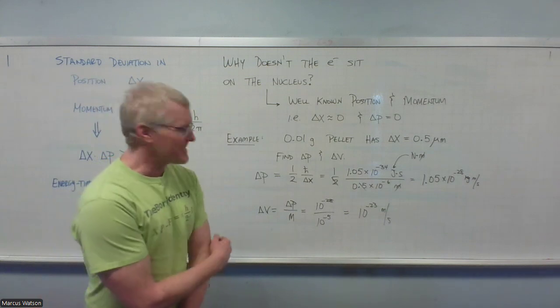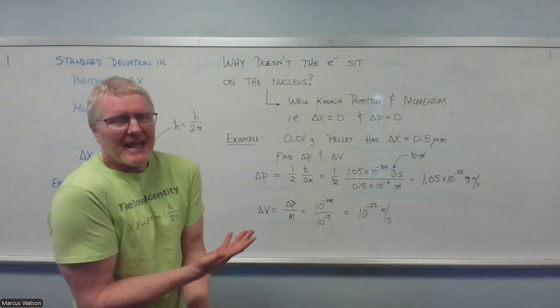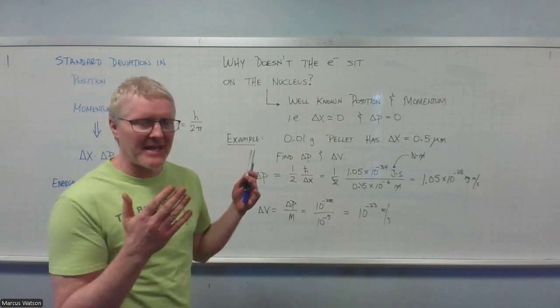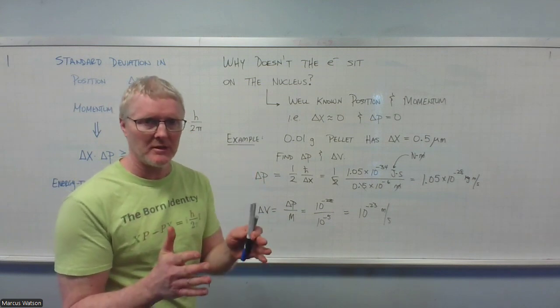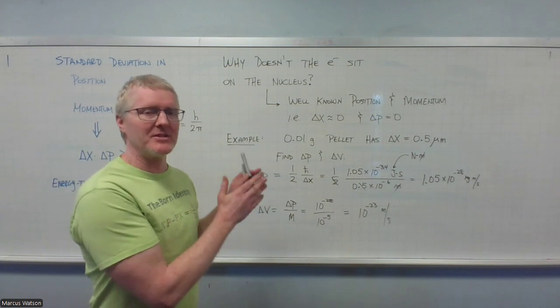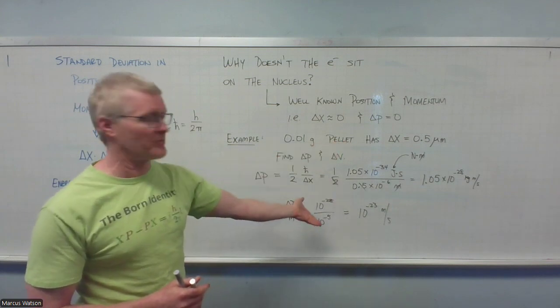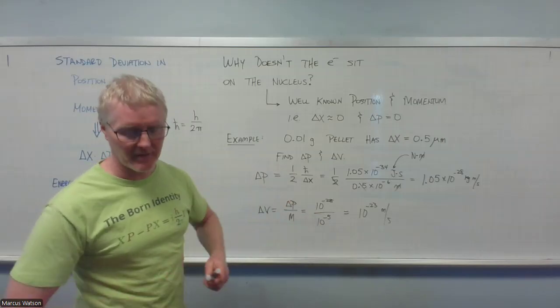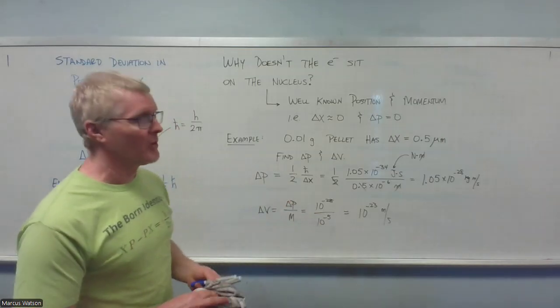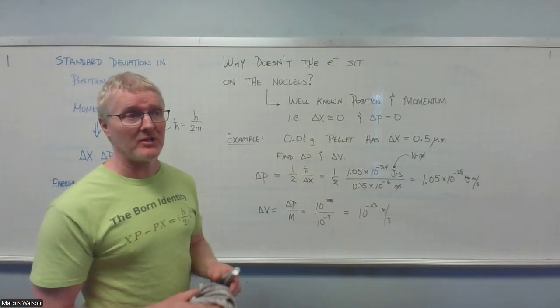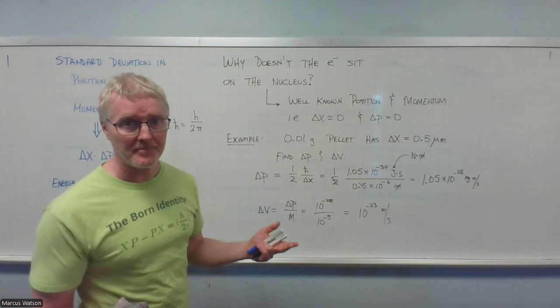So like I said, this casts no restriction on our ability to measure, even though we think we did pretty well with the position. This is ridiculously small for a speed, and hopefully you can see that. What if now I take an electron and I know that it's somewhere within an atom?